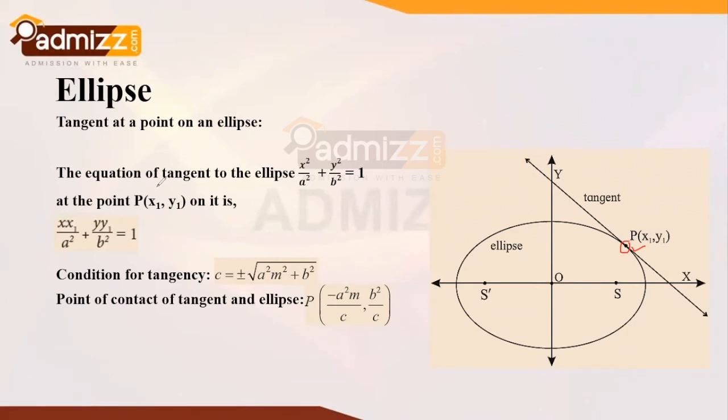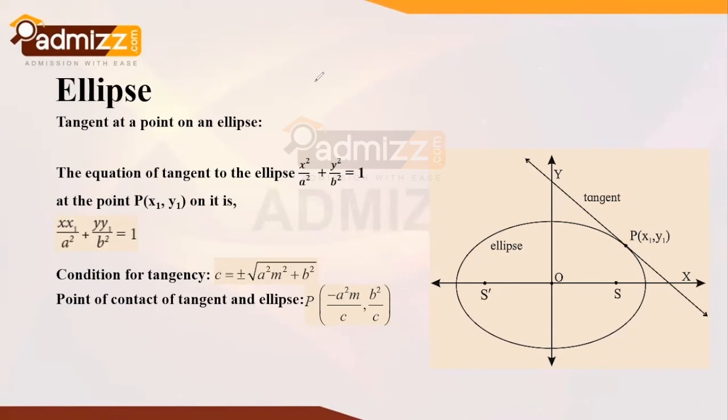That will also be provided in the question itself, and the equation turns out to be xx1 upon a square plus yy1 upon b square equals 1, wherein the x1 and y1 values you are supposed to take right from this particular point coordinates. Okay, so a simple substitution of the point coordinates in this equation will bring you down to the equation of tangent at the ellipse.